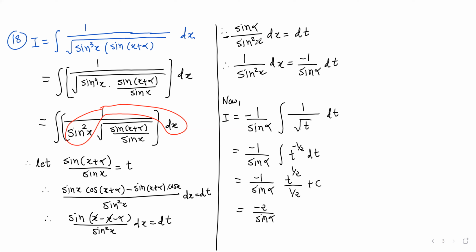Our t is replaced with this one, so (sin x plus alpha upon sin x) whole raised to 1 by 2 plus c. Now this one is your final answer. The 1 by 2, write it as a square root. So this one is your final answer.